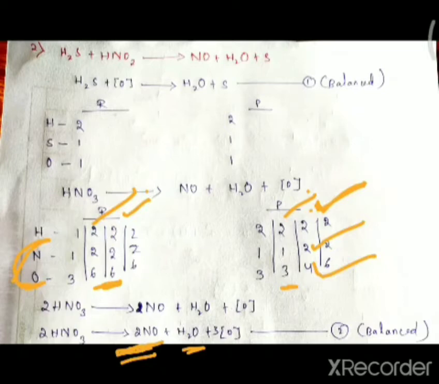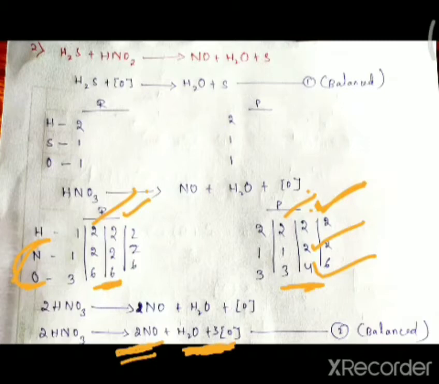Okay, then in the next step we will put coefficient 3 near oxygen, because you can see in the third step, in the reactant side 6 atoms of oxygen are there, but in the product side only 4 atoms of oxygen. That's why we have to put coefficient 3 in the product side to make it 6 oxygen atoms.